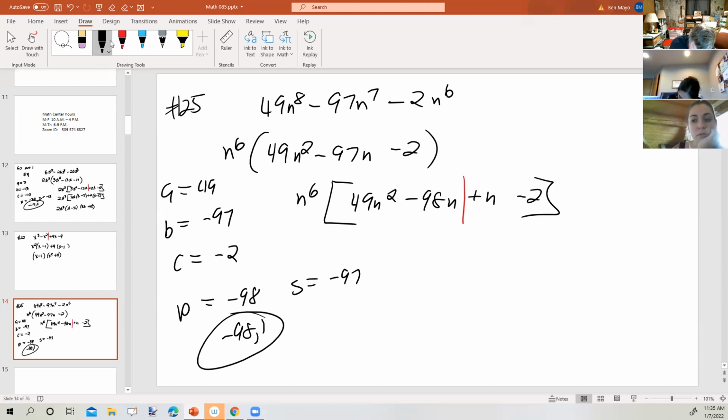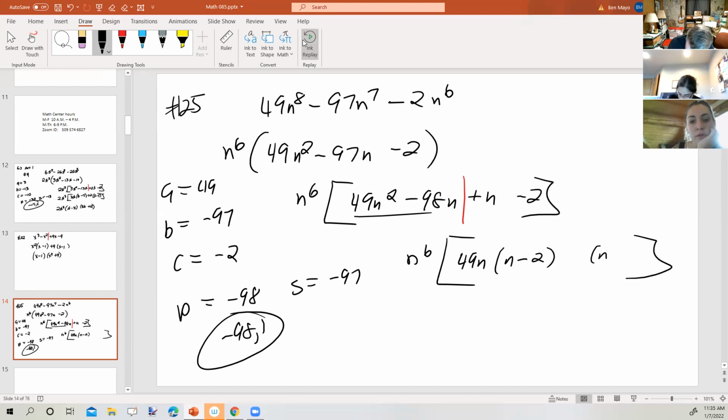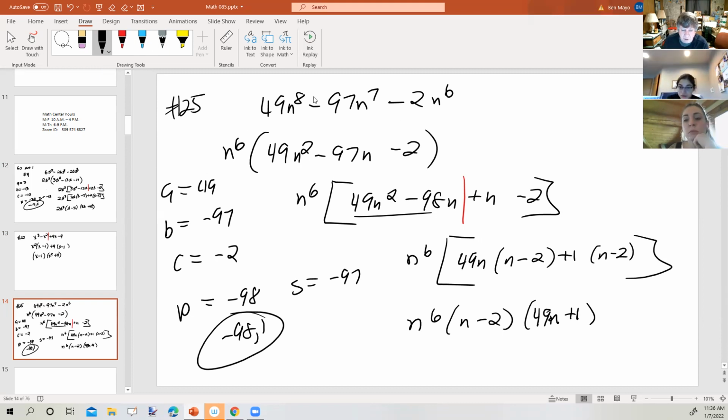Factoring by grouping, we get n to the 6th, greatest common factor of the first 2 terms, 49n, leftovers n minus 2, leftovers n minus 2, outside of plus 1, n to the 6th, n minus 2, 49n plus 1. And there we have it. Any questions about that one? Any other questions from any of you that you want to look at before we go on?